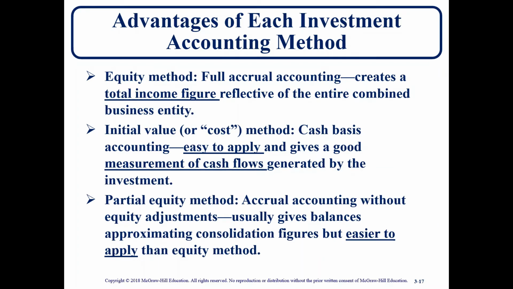In this respect, the partial equity method is the same as the equity method, except that we are not keeping track of amortization. So in a way, it's easier to apply than the equity method. So these are the advantages of the three methods that the parent company would have to consider when adopting a method.